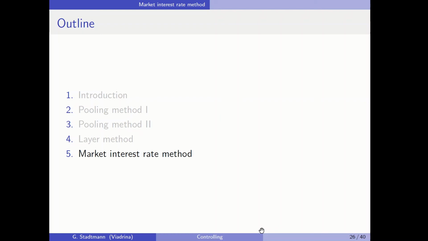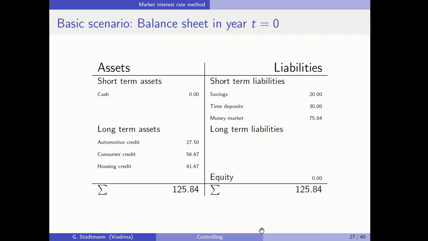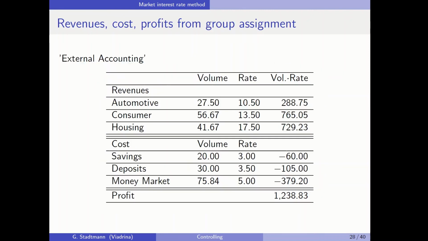I would like to motivate this method by once more going back to our initial balance sheet, where we have this amount of volumes of assets on the left-hand side and this amount of liabilities on the right-hand side. Once more, we can have a look at external accounting, and then we get the overall profit here. I think that you are already familiar with this numerical example.